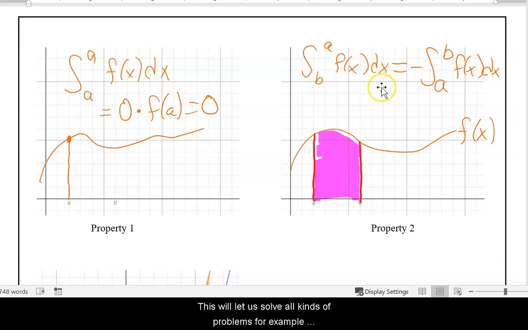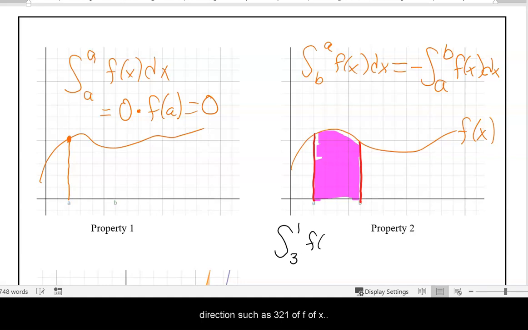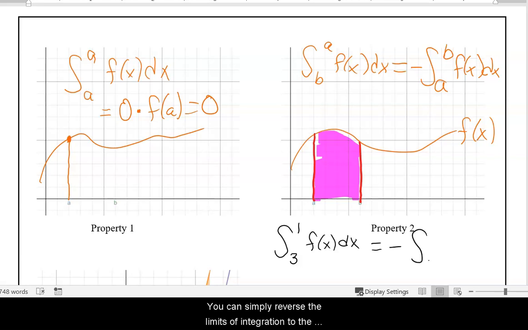This will let us solve all kinds of problems. For example, suppose you're given an integral that is in the wrong direction, such as 3 to 1 of f of x dx. You know that 3 is not less than 1. You can simply reverse the limits of integration to the proper order by multiplying the definite integral by a negative.